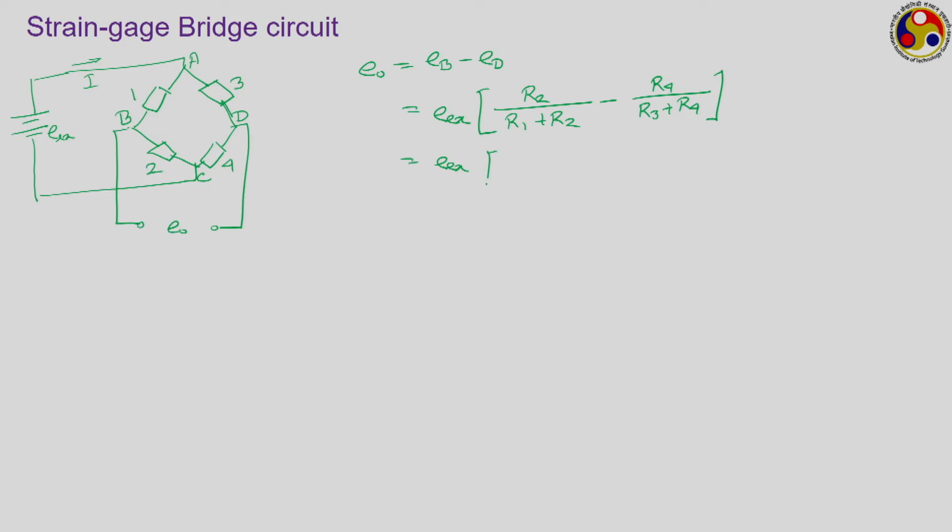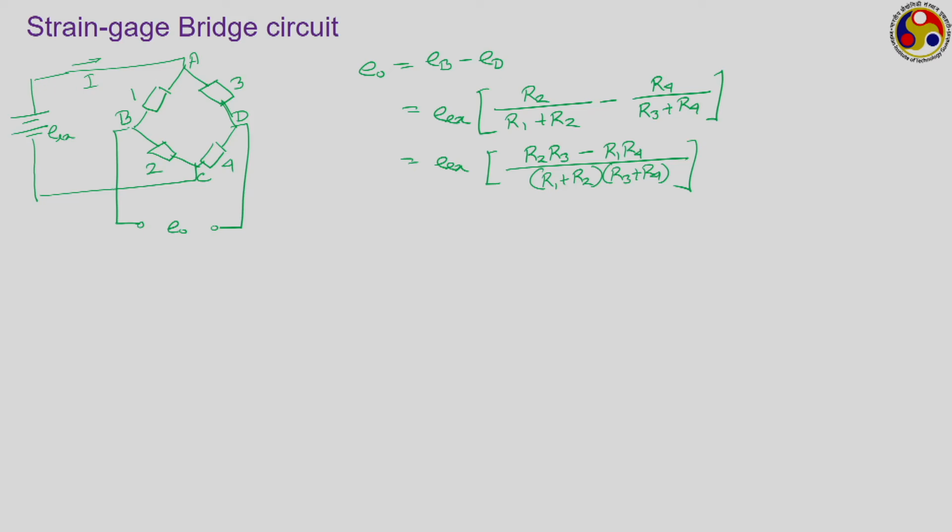If we simplify this one, then what we are going to get is R1 plus R2, R3 plus R4. So, if we simplify this, then we have R2 R3 minus R1 R4.